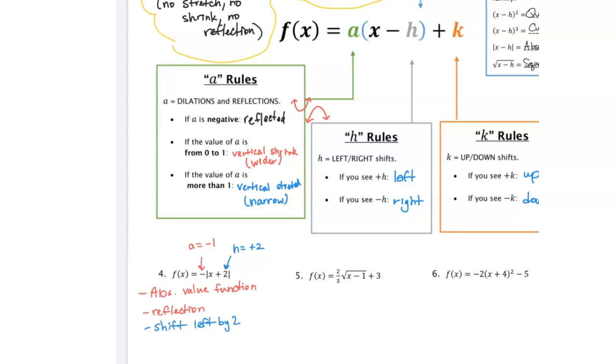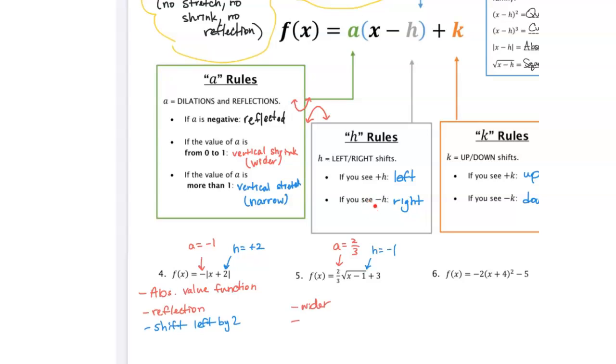Number 5. Starting off in the front, we have an a value of 2/3. So that a value of 2/3, that is an a that's from 0 to 1. So this will be wider. Inside of our square root, we have a minus 1, so that's an h equals negative 1.